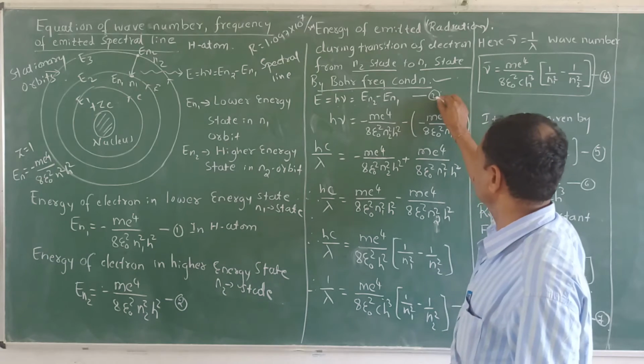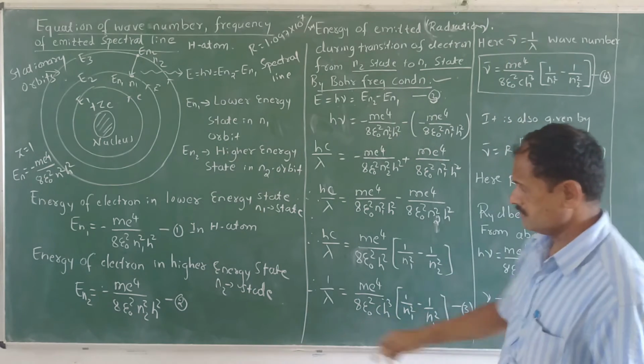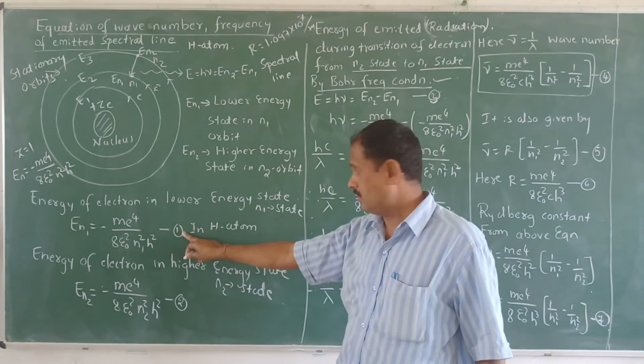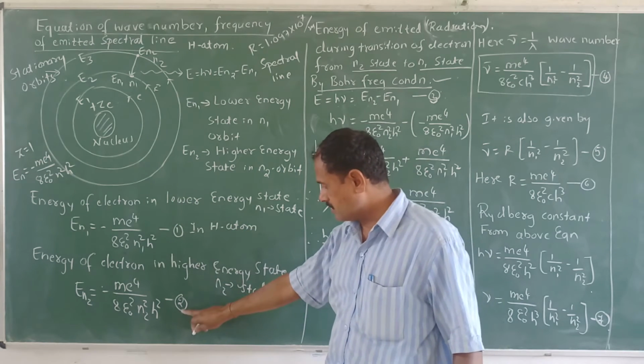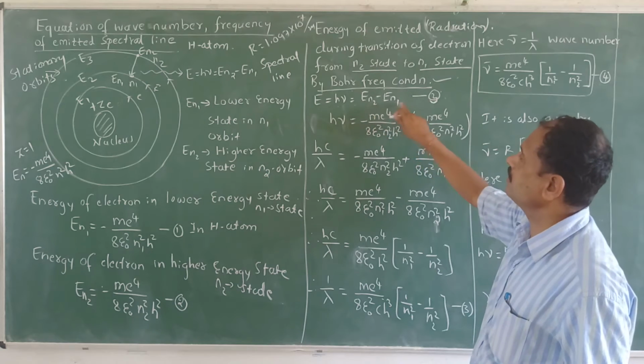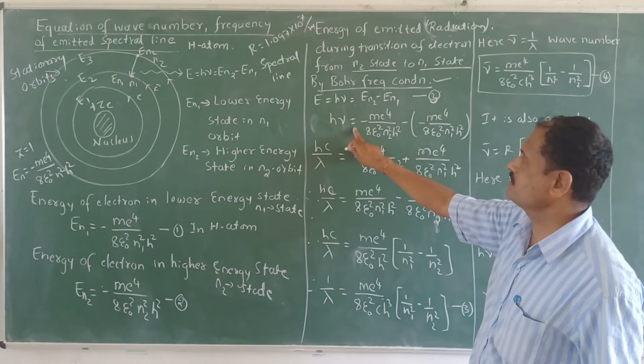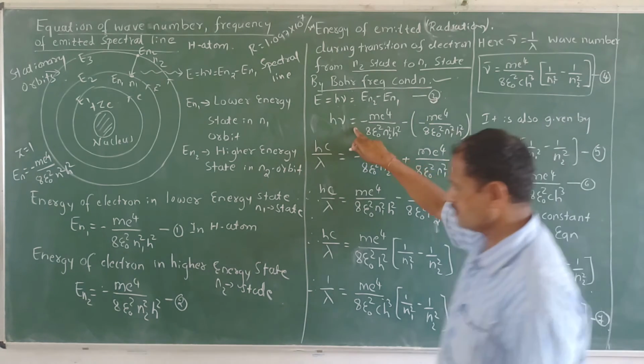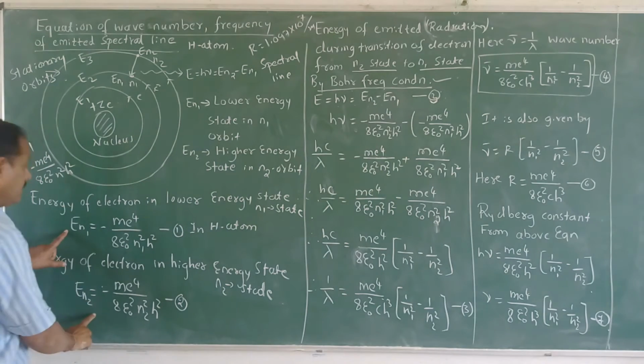Equation number, suppose you take, that is 3. Equation number 1 is for the lower energy state expression, and this is the higher energy state expression. This is said to be the difference in the two energy states. Now h nu is equal to, you substitute this E n1 and E n2.